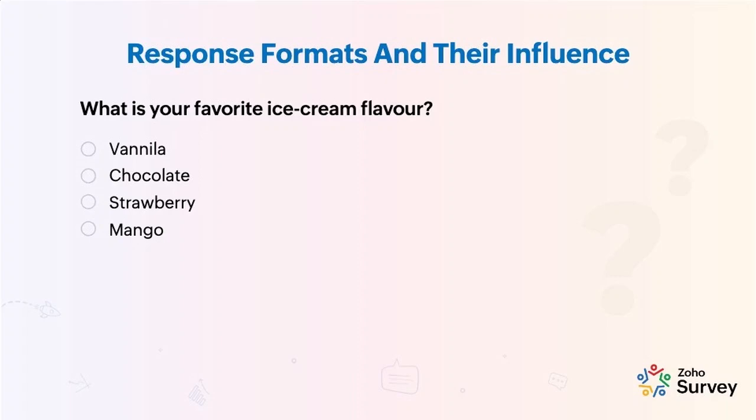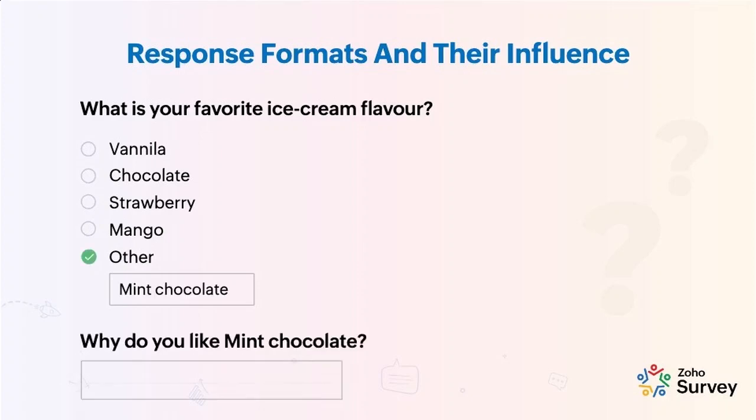On the flip side, open-ended questions let you write an essay on mint chocolate chip, which is long and unnecessary. So what can we do? The optimal solution in this case is to provide common flavor options and give an "other" text box to let users write in any unique flavor they like. It's all about matching the format to your survey purpose.